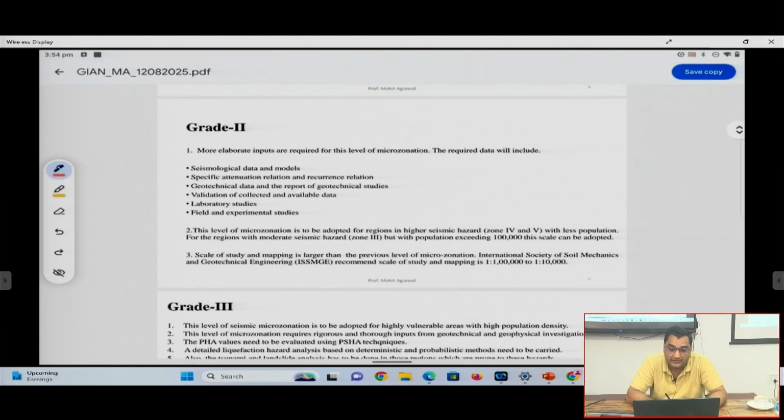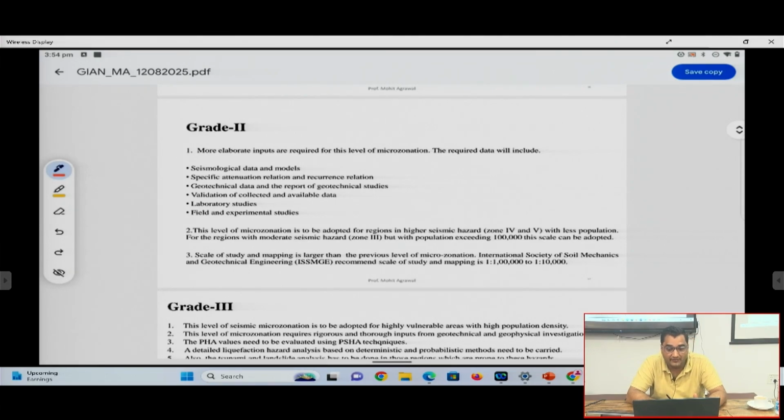Here you are going to use seismological data and models. You are going to use specific attenuation relationships or recurrence relations. You are also going to use the geotechnical data and the reports of geotechnical studies, and you are going to validate the collected data and the available data.